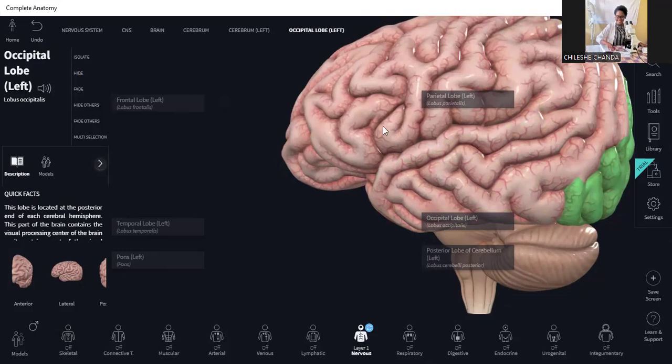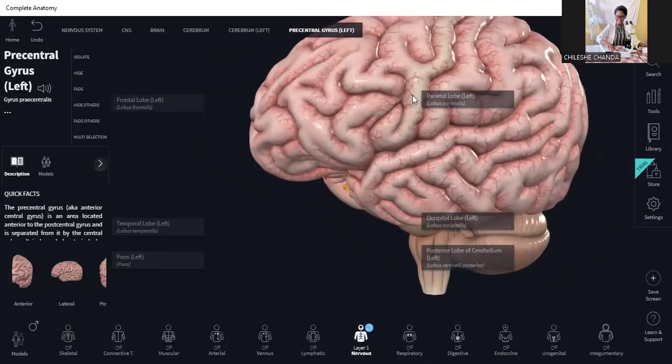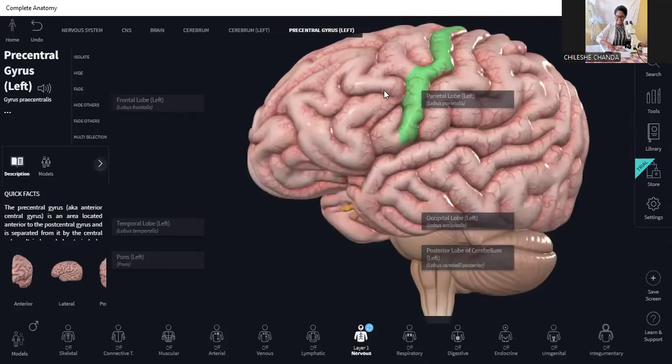And those are the lobes of each hemisphere. The other thing that we will look at is we are going to name some of the major gyri. So on the frontal lobe, you find a gyrus that is immediately anterior to the central sulcus. This is known as the precentral gyrus, or the primary motor gyrus.